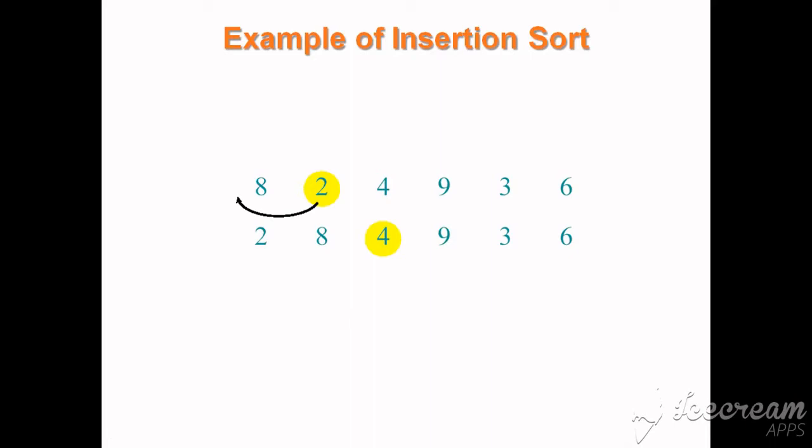We simply shift all the left side values toward the right one by one. The 8 will be shifted one place towards the right. As the condition is met, we insert 4 in the appropriate position. So this is our position.